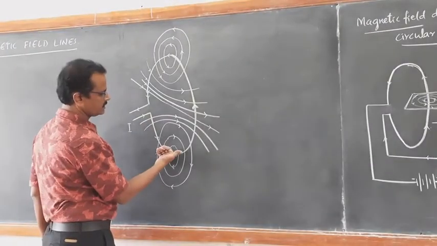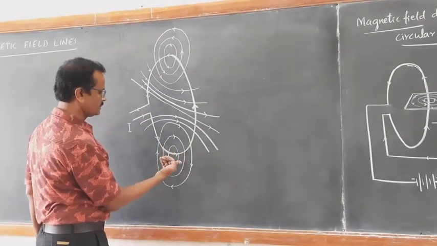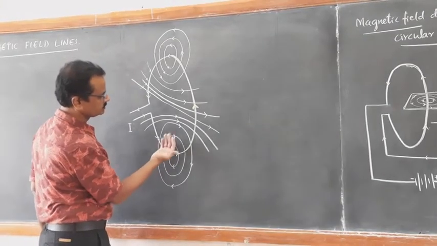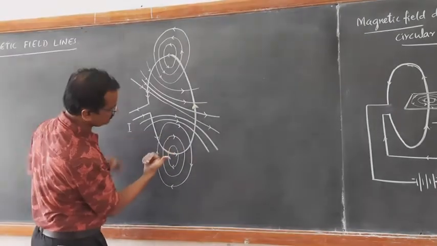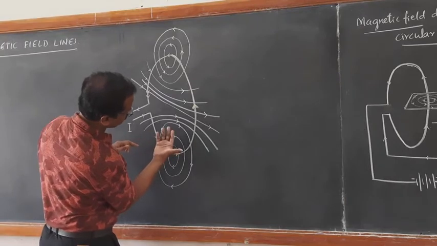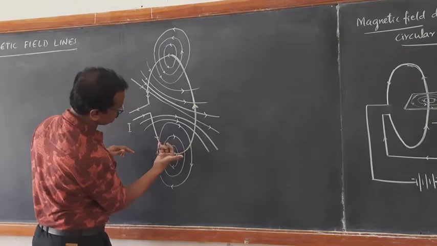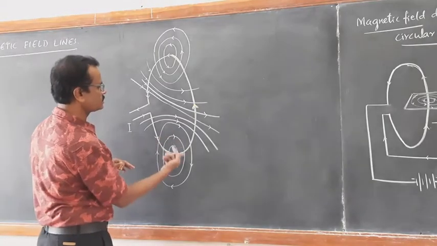You see the field lines are emerging out according to the right hand thumb rule. They form circular closed loops.